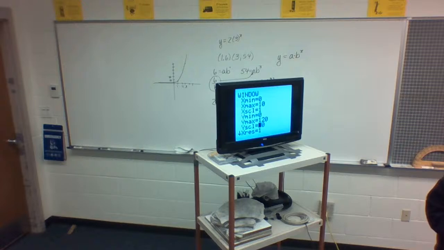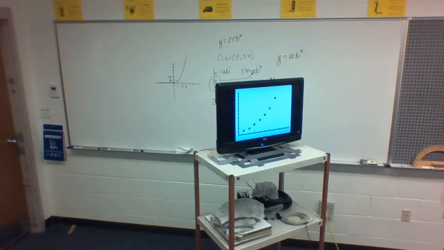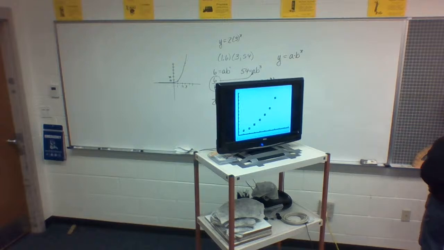You go to y equals and erase anything that doesn't have to do with this problem and turn plot 1 on. You remember? Now, with our experience on this, that graph could be exponential or it could be quadratic, right?